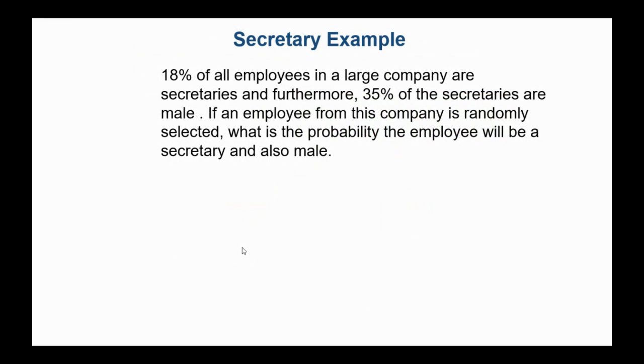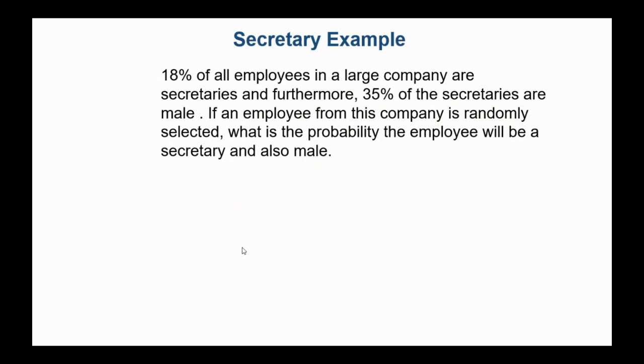Okay, so let's look at another example. This is the secretary example. 18% of all employees in a large company are secretaries, and furthermore, 35% of the secretaries are male.